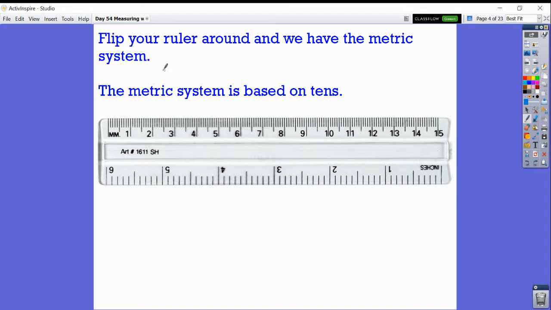Okay, this metric system is based on tens. It's actually way easier to use than our current customary system.